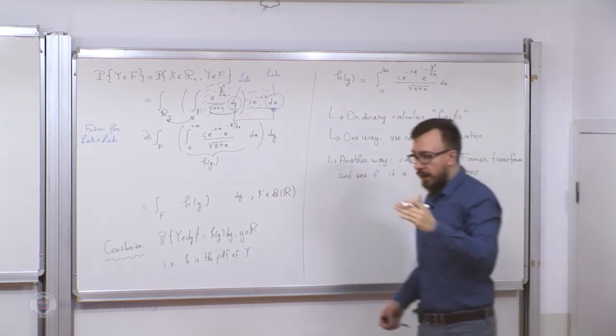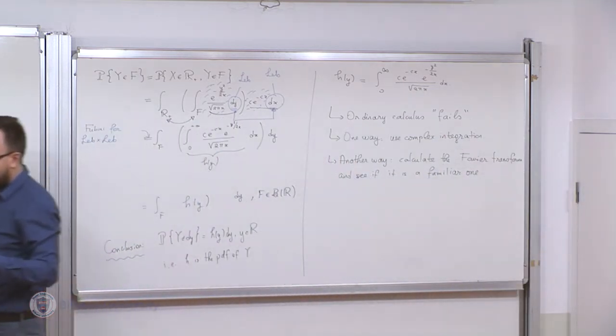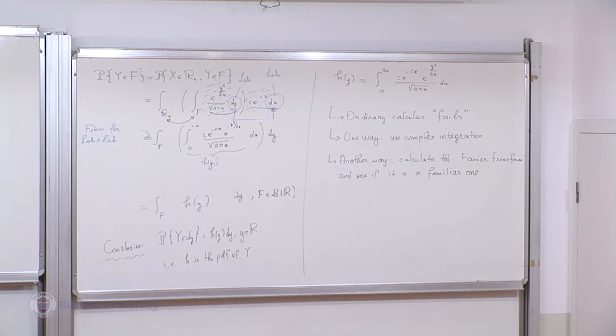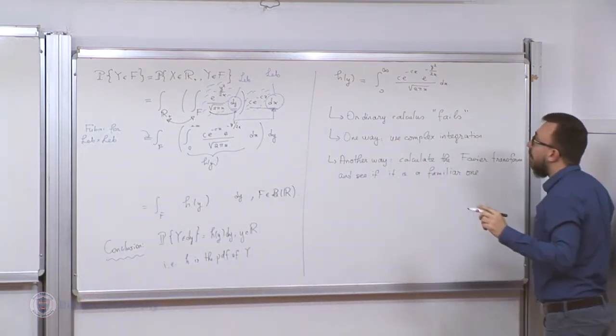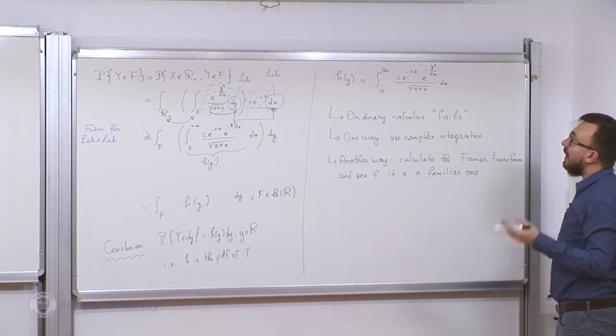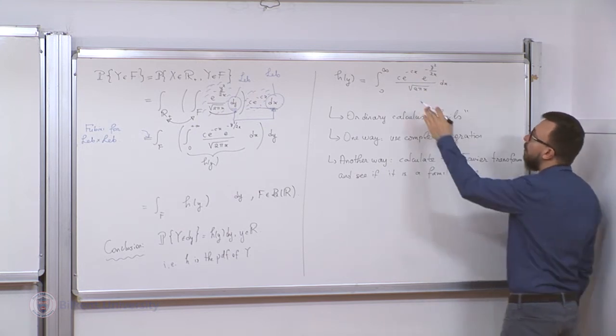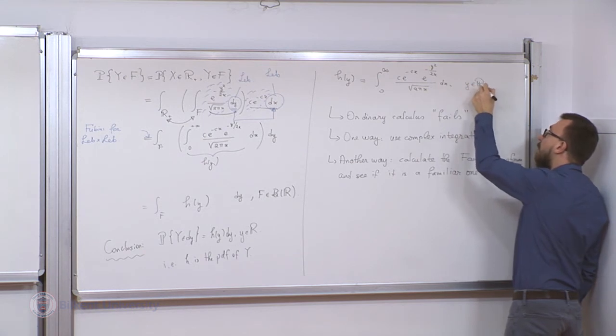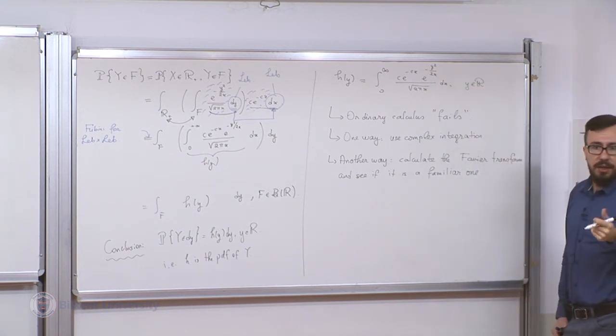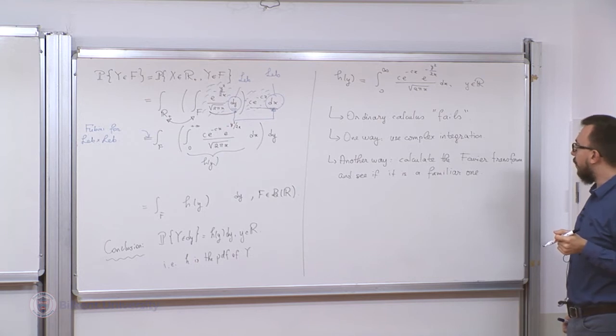Fourier transforms of well-known distributions are usually collected in tables on Wikipedia or other websites or in textbooks. First of all, why Fourier transform but not Laplace transform? Because this is the PDF of a real valued random variable, not a positive one, so we need to go through Fourier transformation.